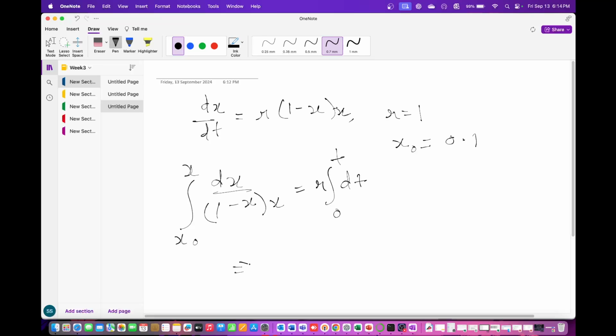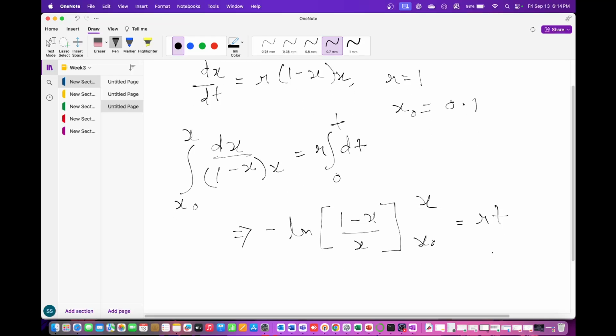So this becomes a negative log. You can just do 1 minus x plus x on the numerator and split this up. I'll not go into the integration calculations, but it comes out to be log of 1 minus x by x, going from x naught to x, equal to rt.